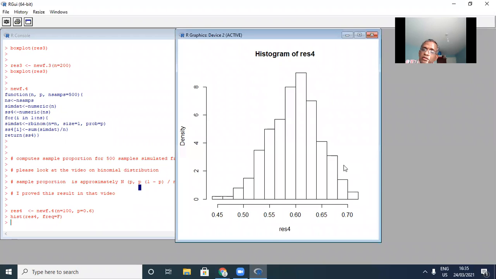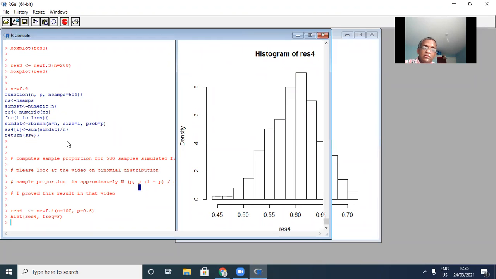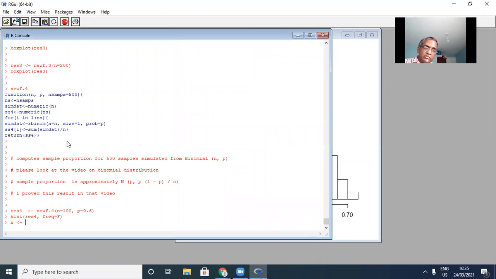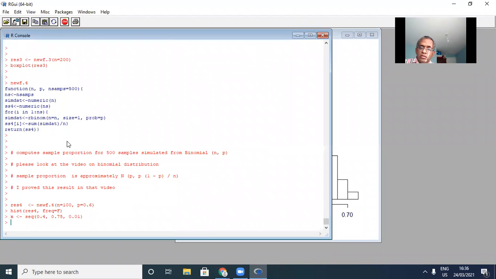So to do that, I'm going to take the x-axis to go from, say, 0.4 to 0.75. So I'm going to define x to go from 0.4 to 0.75 in steps of 0.01, and y to be the density of the normal at x with a mean equal to p.